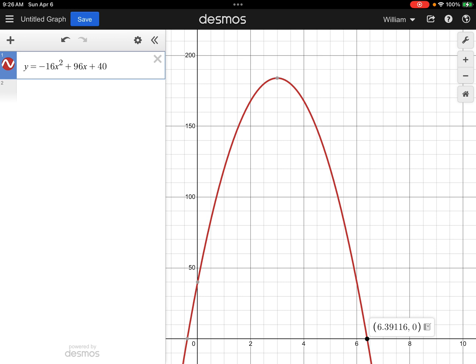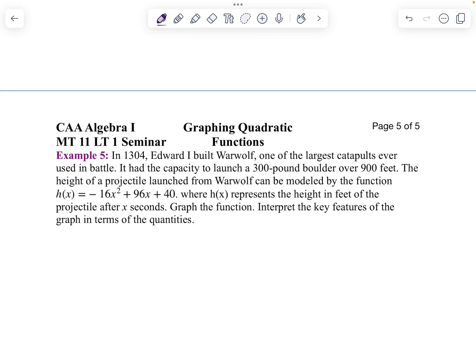So that tells me the boulder is in the air for 6.4 seconds. Okay. So one of the key features, it's in the air for about 6.4 seconds.